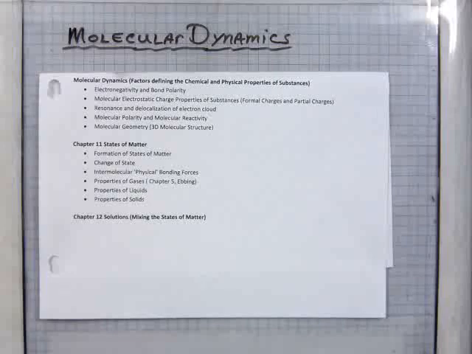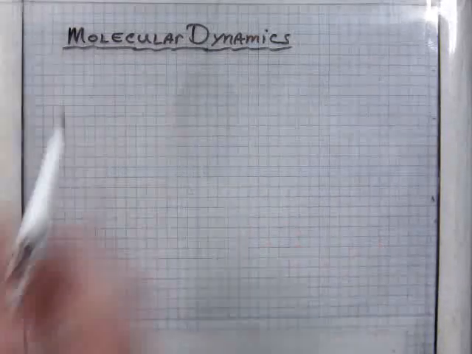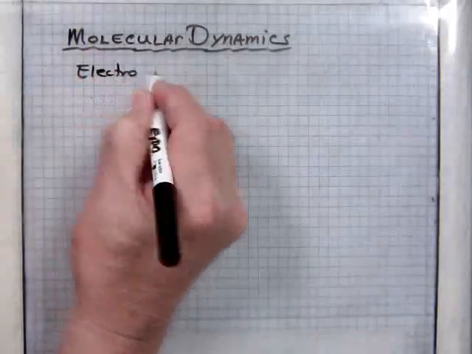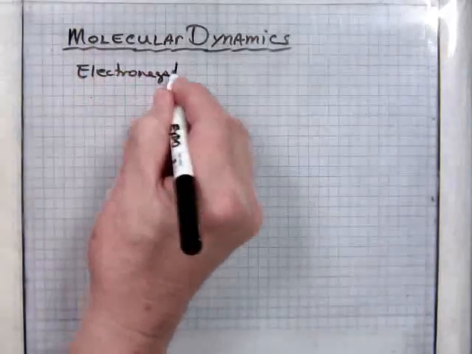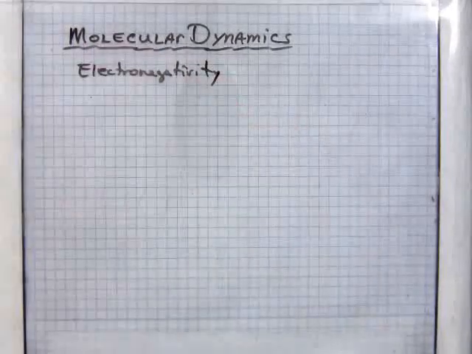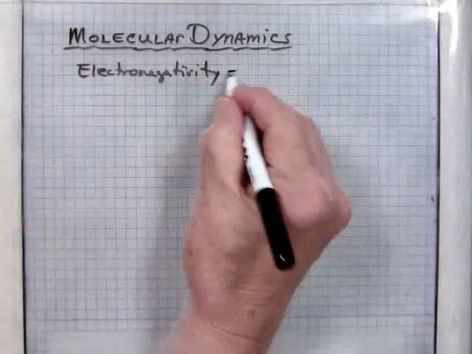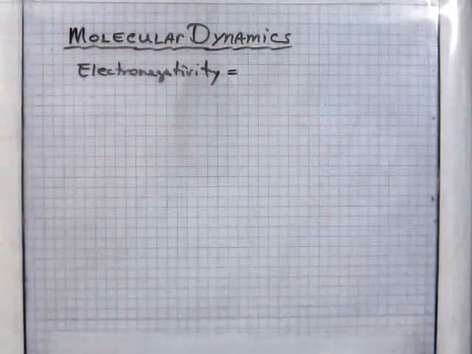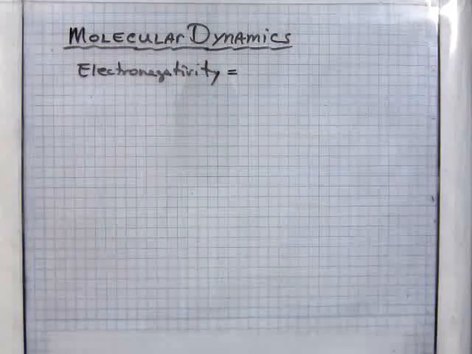Once you draw it out in a Lewis structure, then, well, what will it do? Well, that's what this is all about here. So we've already talked about electronegativity, and we know that from the standpoint of each element, it's an element's attraction for electron cloud.